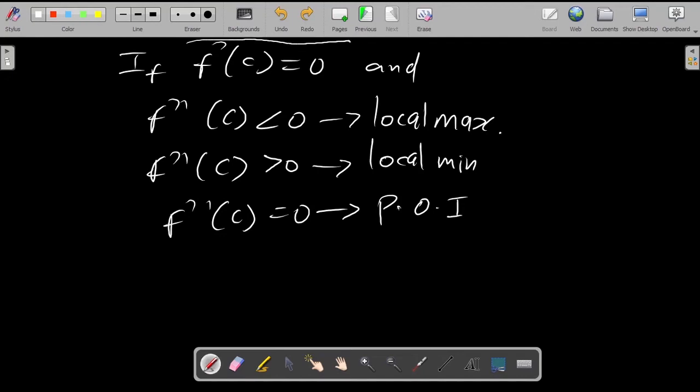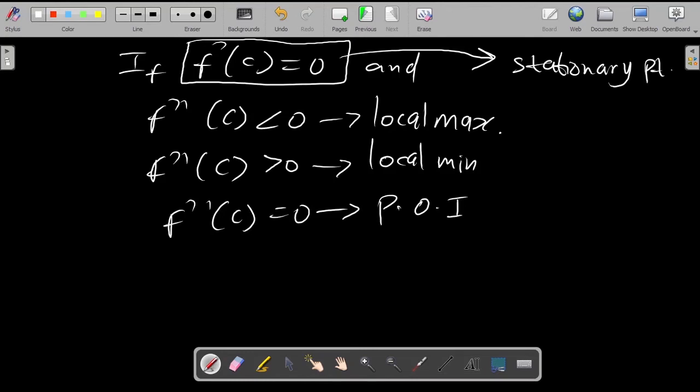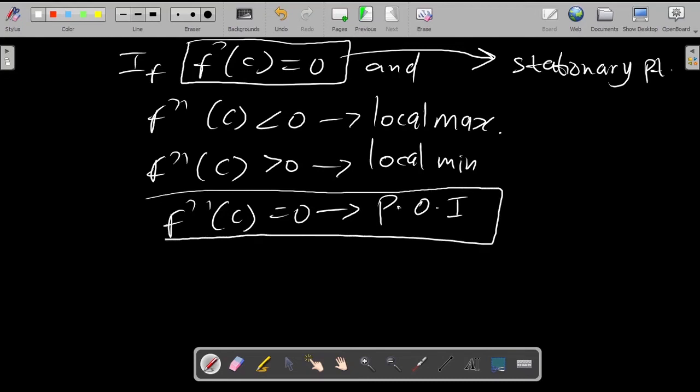The first part of the test is you have to be sure that at that point you have a stationary point. And once you have that stationary point, you will have a point of inflection if you have this. Now, I don't think this makes a lot of sense at this point, right?